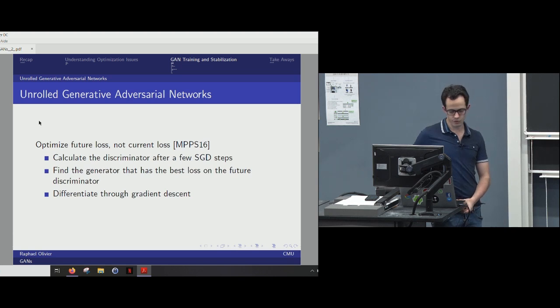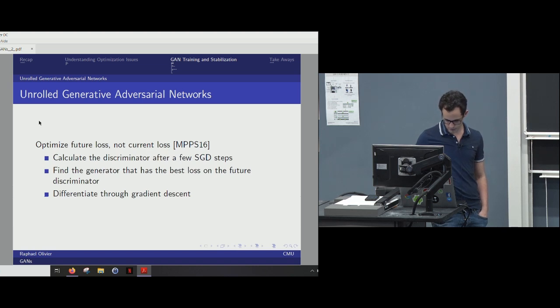So instead of trying to optimize the current loss, one idea these people had is to optimize the future loss by doing something called unrolling. What that means is, at a certain time step, you compute the discriminator that you're going to get after a few steps of gradient descent, and you find the generator that works not on the current discriminator, but on that future discriminator. So that means that you're differentiating twice, in a way.